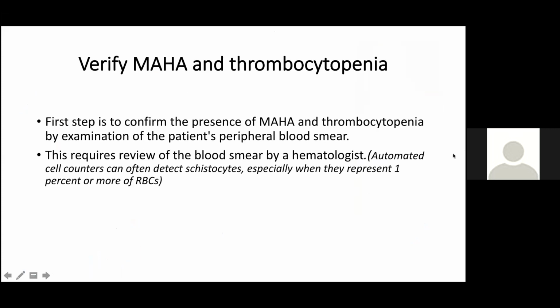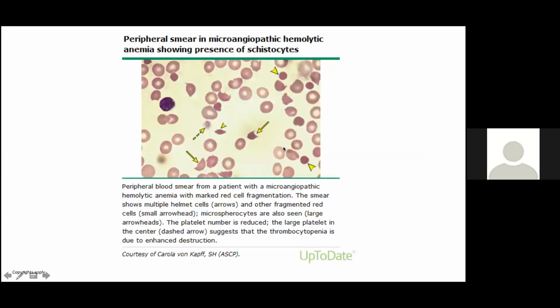Automated cell counters can often detect schizocytes, especially when they represent more than 1% of RBCs. Just to remind you of the schizocytes, these are helmet cells, these are fragmented cells, these are spherocytes. This is the typical peripheral smear in microangiopathic hemolytic anemia.